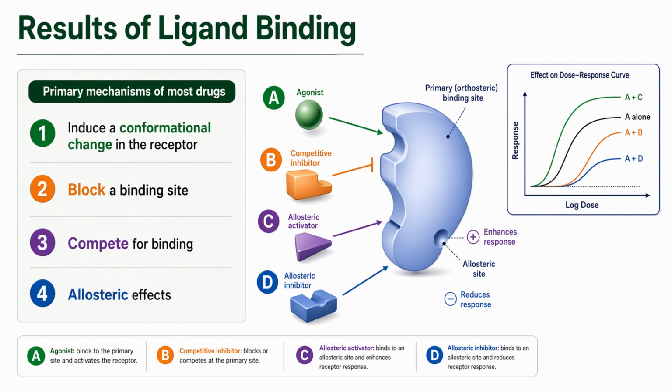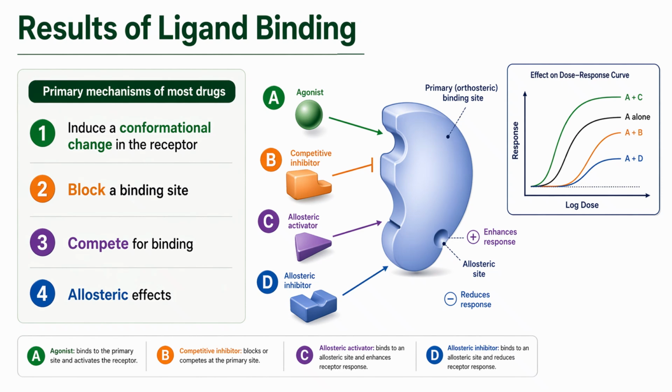A plus B, where we have a competitive inhibitor, some of our receptors are going to be blocked, so our response might be a little bit lower. And then the allosteric inhibitor comes into play because even if we have the agonist available, it's shifted slightly the way that this enzyme looks, or the binding site, the way this receptor looks. Well, A plus D, the agonist plus the allosteric inhibitor, might have, again, a lesser response.